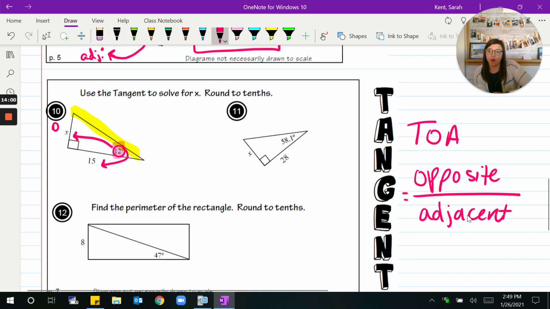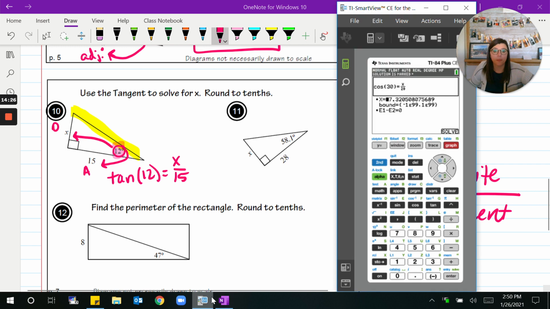So I'm going to put O for opposite, A for adjacent. So tangent of our angle 12 equals opposite, so my opposite is x, over the adjacent, which is 15. That's the hardest part with tangent, remembering it's opposite, looking across, over the adjacent.